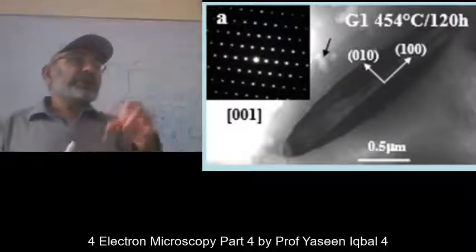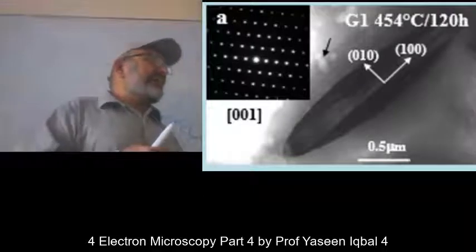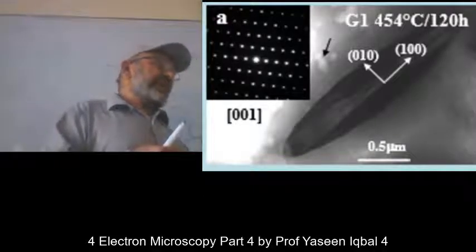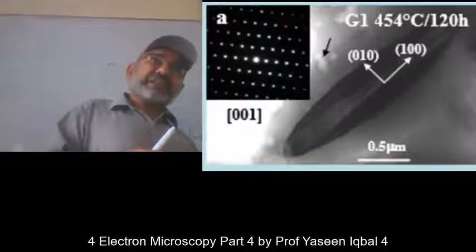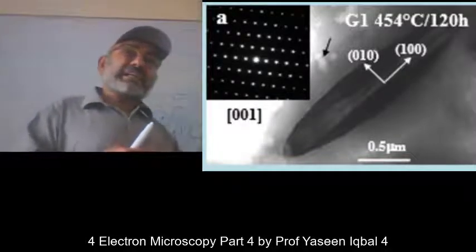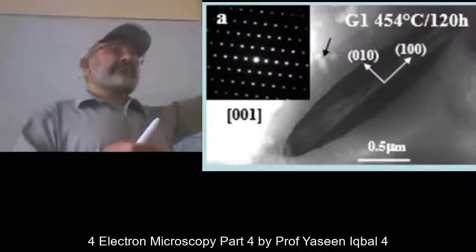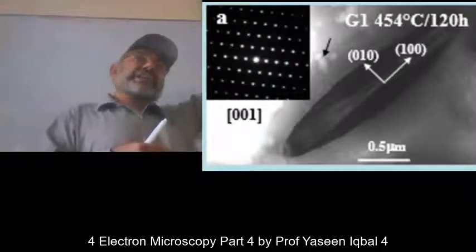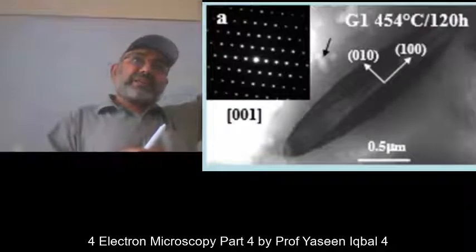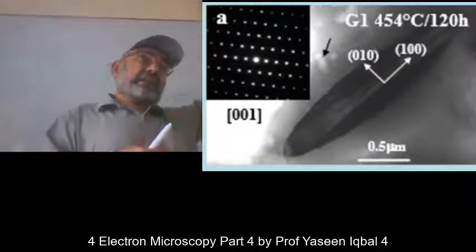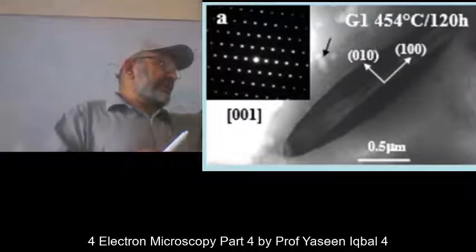And from here you correlate the directions and the growth of the crystals using the diffraction pattern. You cannot say without the diffraction pattern which direction or which lattice parameter is along that particular direction or along the other particular direction, right?